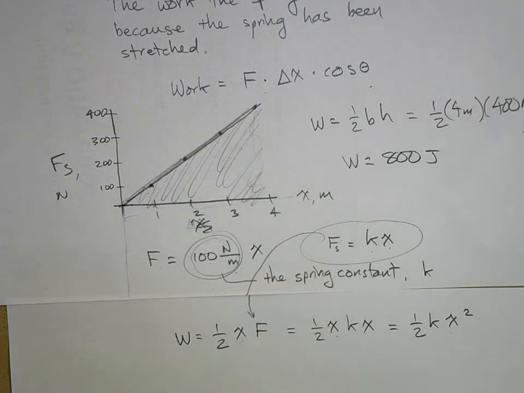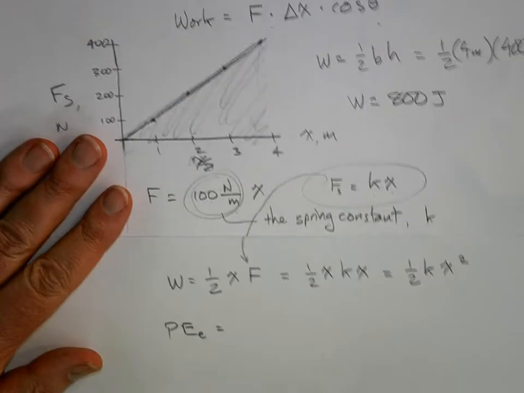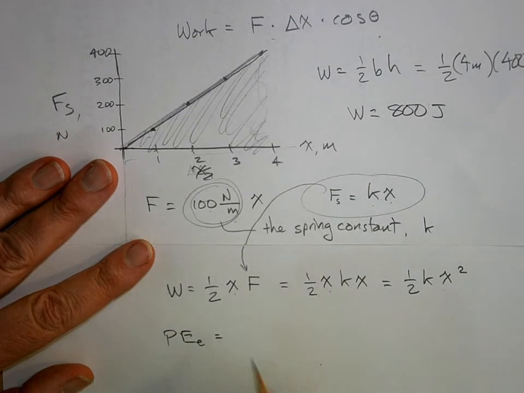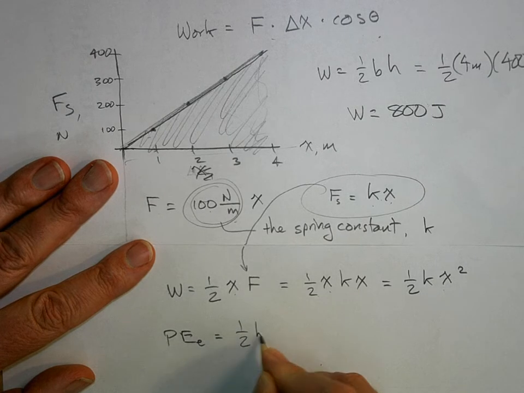So the work that a spring can do, because it's been stretched or compressed by a value x, we call elastic potential energy. So elastic potential energy is equal to 1/2 kx squared.